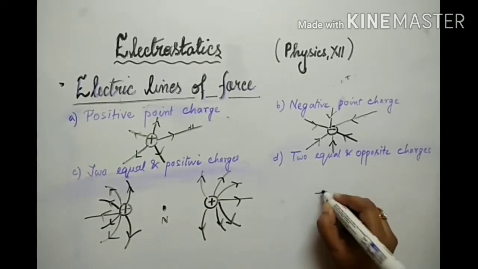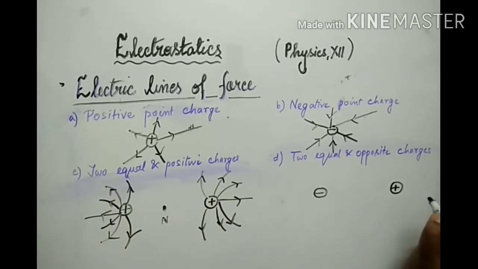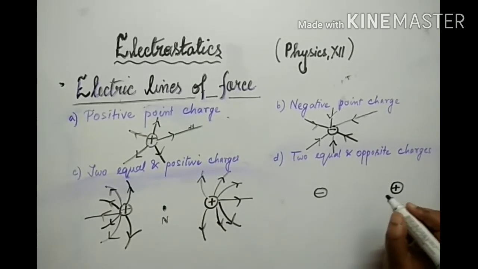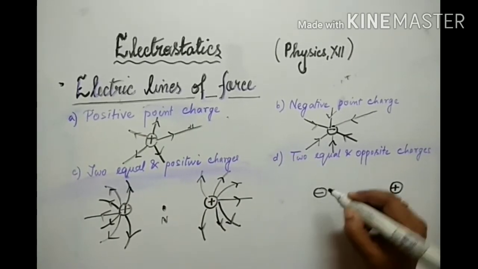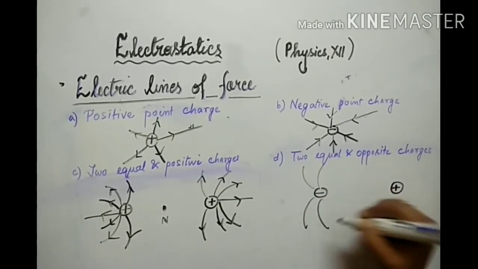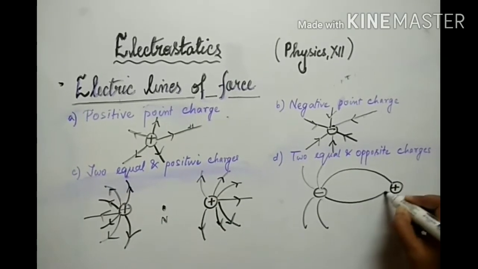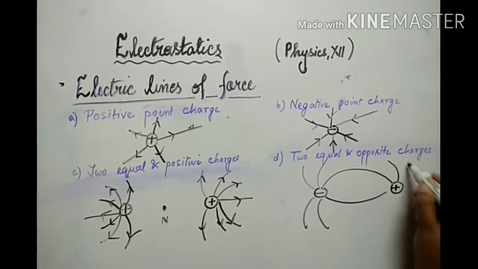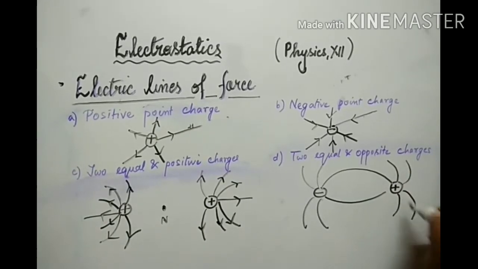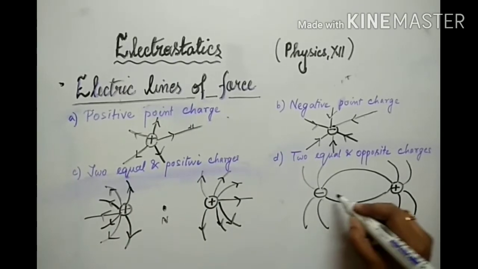And suppose there is one negative charge and one positive charge, what will happen? In this case also, the lines are represented along these directions, but here the lines will be represented in this manner because there is a mutual force of attraction.